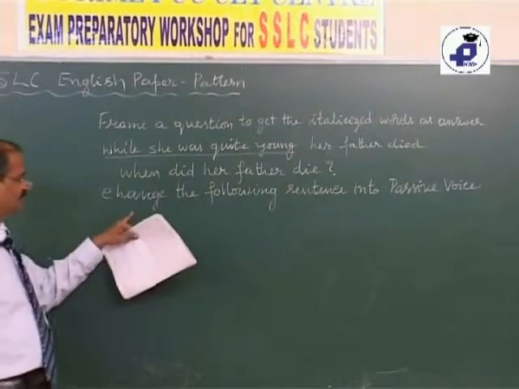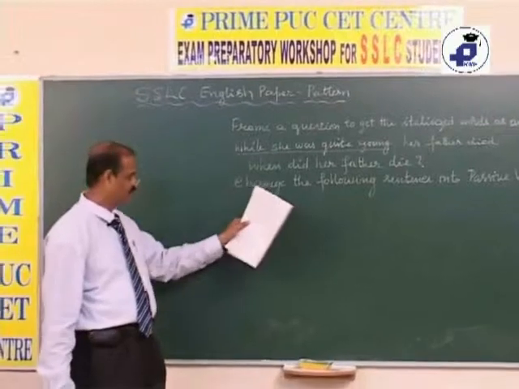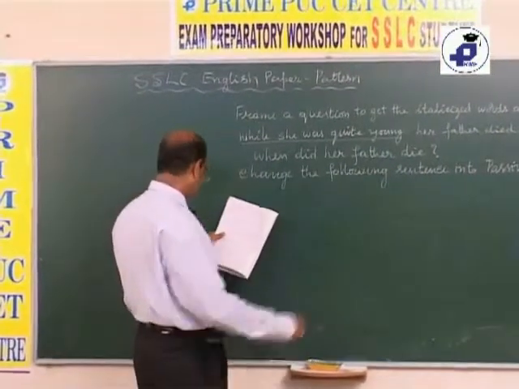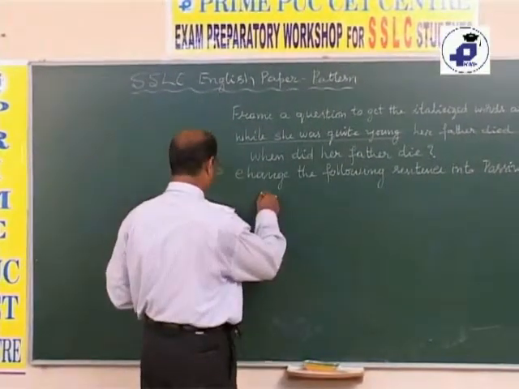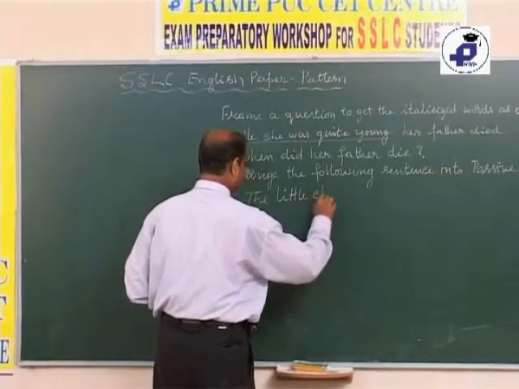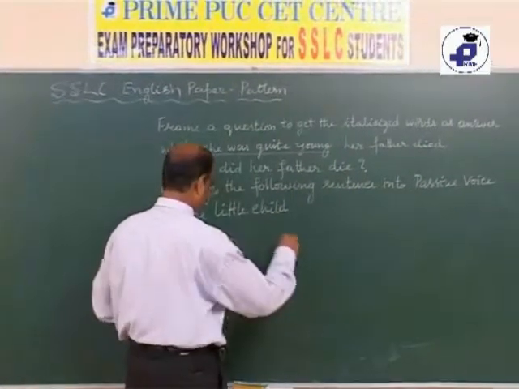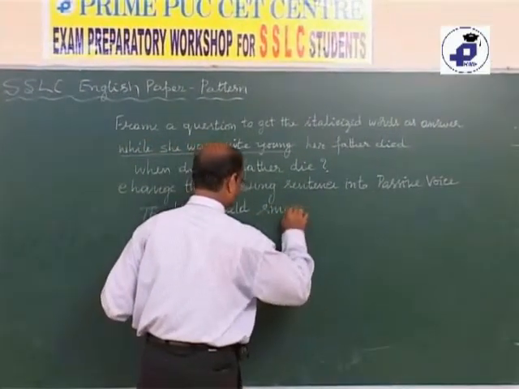This is also a very simple question. Change the following sentence into passive voice. One question will be given. It will be a statement in the form of active voice. The question is like this: the little child smashed the doll.